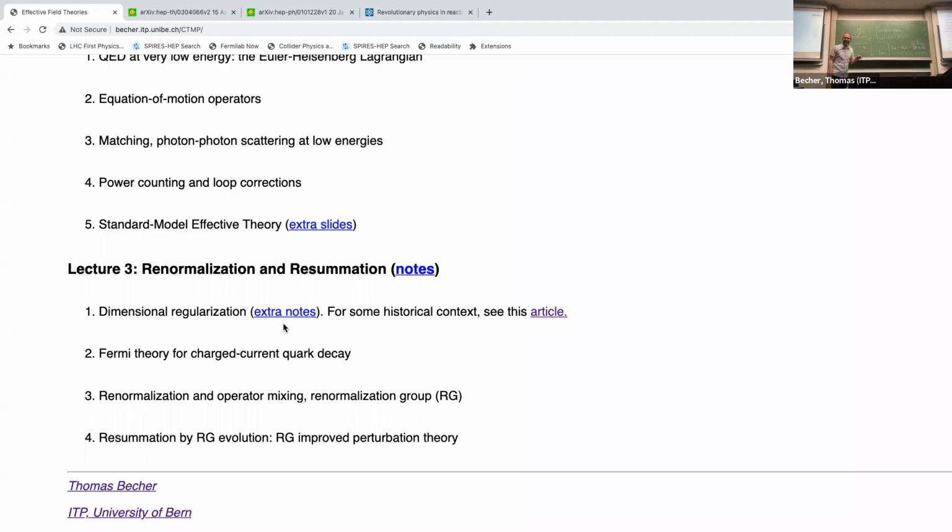Yes, it's the CKM matrix. This is directly read off the Feynman rules. So if you open your big standard model book on page 250, where these rules are, you will see that this vertex has a V_cb, V_cd.